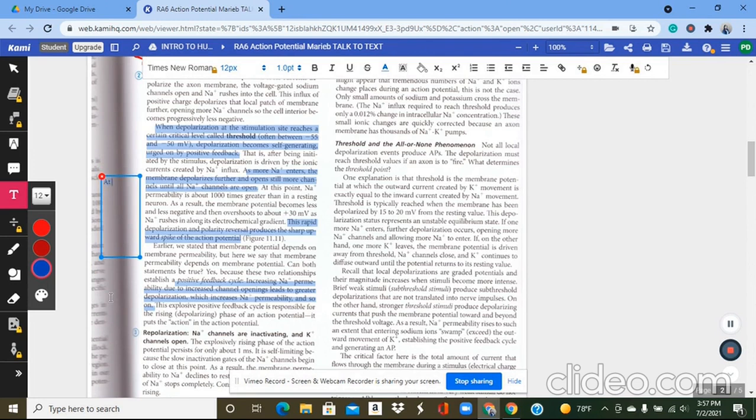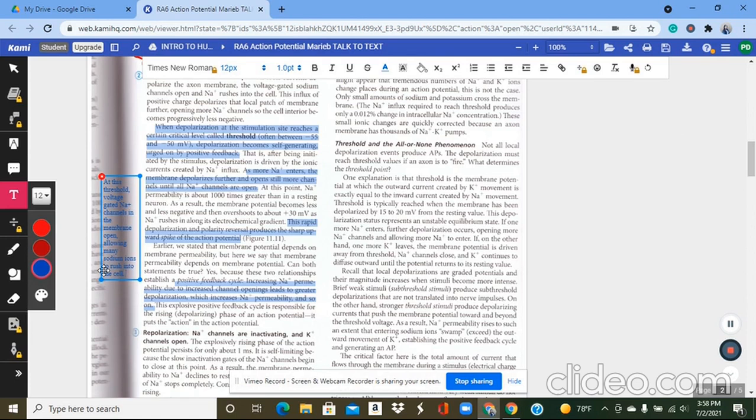So at this threshold, voltage-gated sodium channels in the membrane open, which allows many sodium ions to rush into the cell.